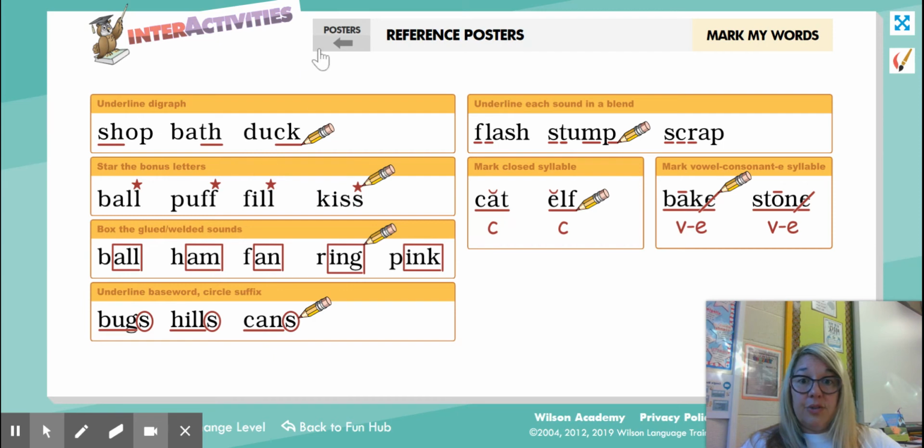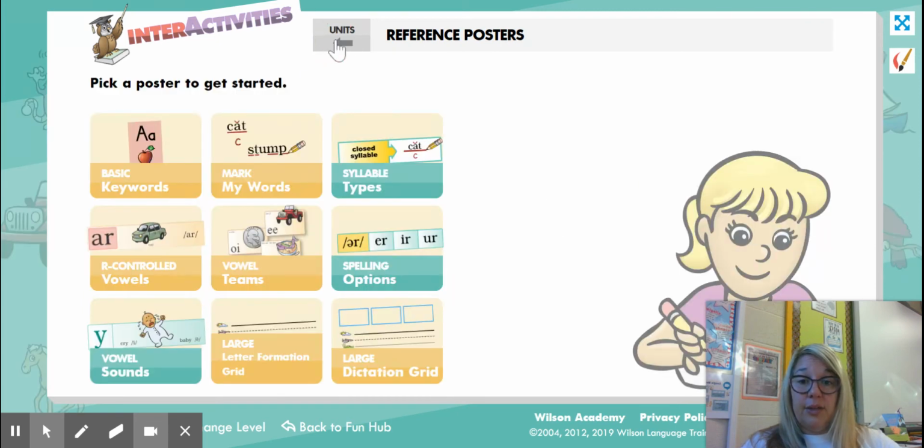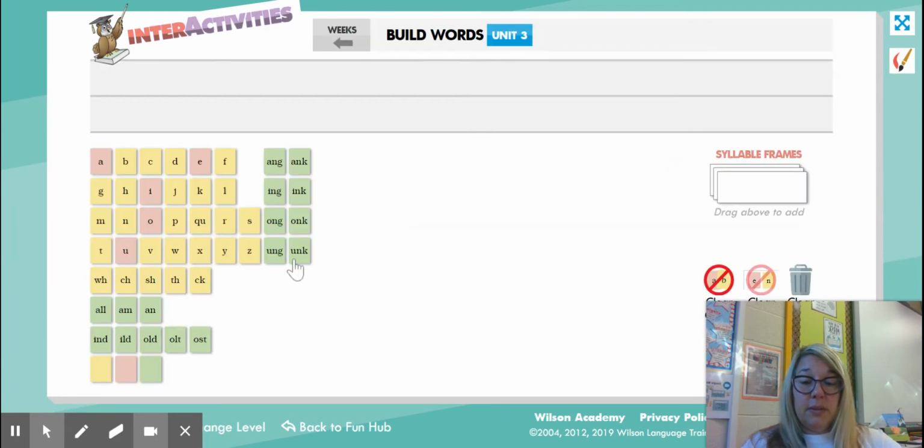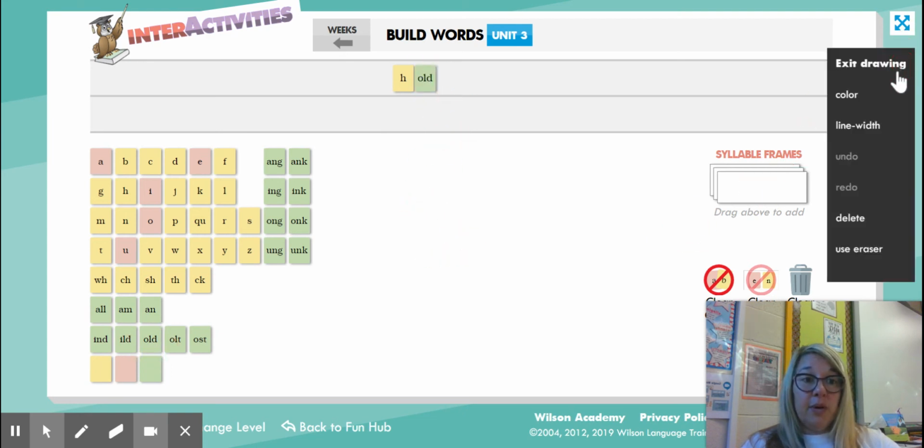So let's look at how to mark some of those words with a closed exception syllable. I'm going to build some words and we'll practice marking them. So if I want to build the word hold, I would do old, hold. To mark that word as a closed exception, remember I am going to mark one scoop because there's one syllable, or one clap when I say that word hold.